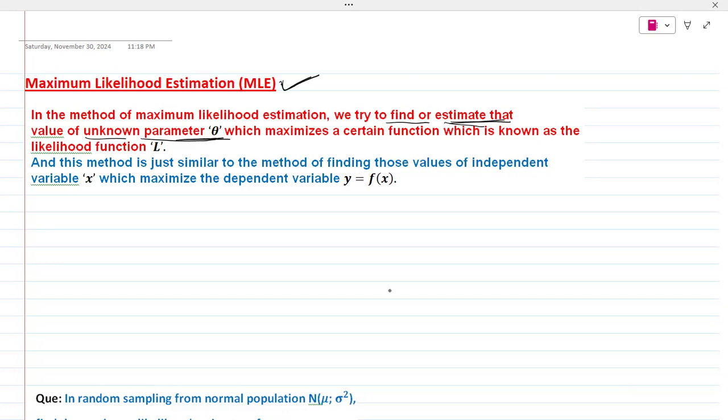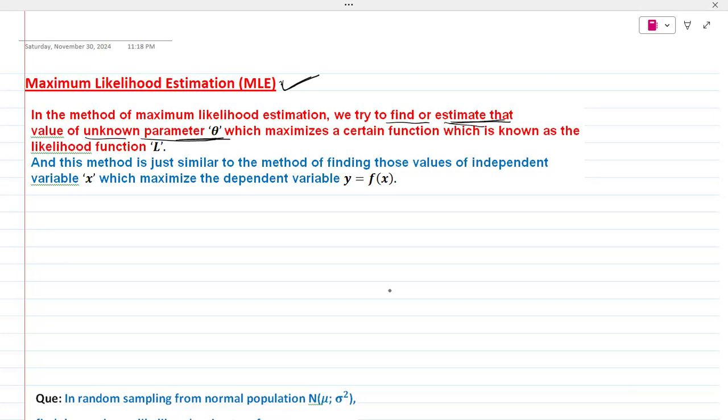Here we have a population, and the population follows a certain distribution. Usually it is known that a population follows a certain distribution. Every population has some parameters, and those parameters are not known to us.